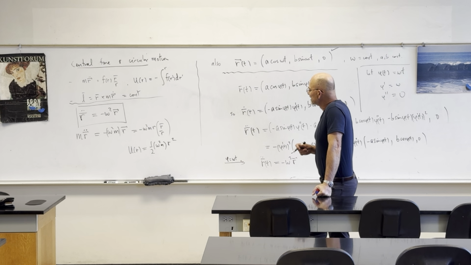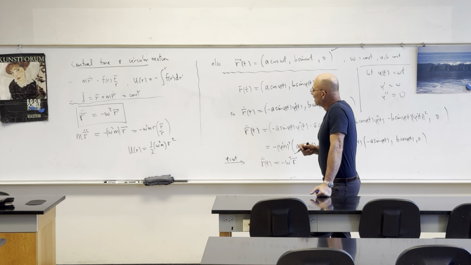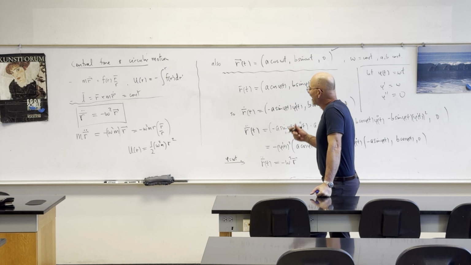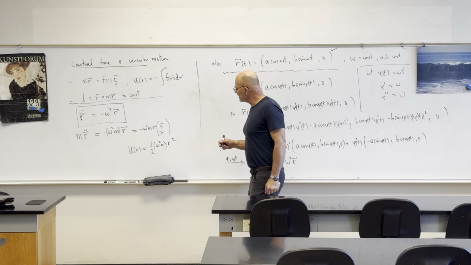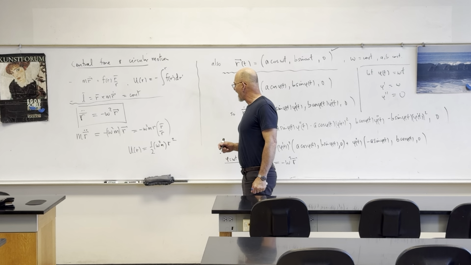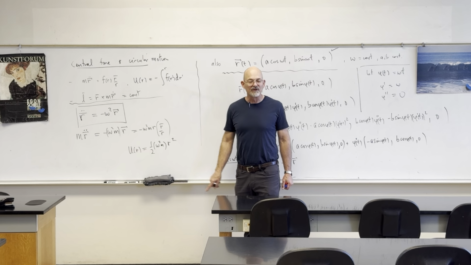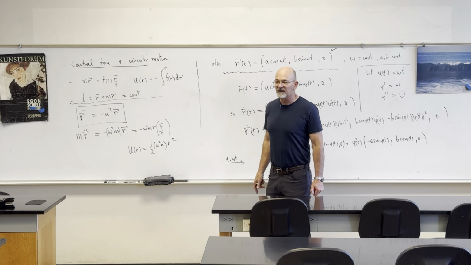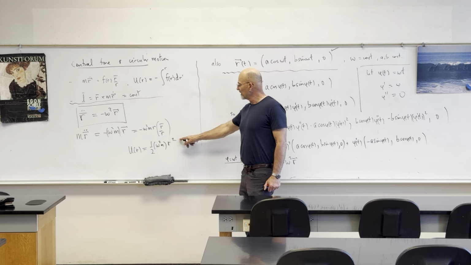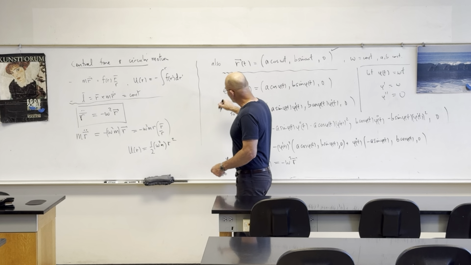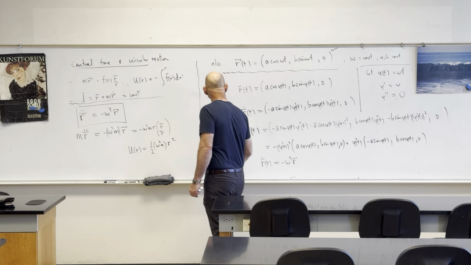Anything else to say about this one? In fact, I think I calculated the absolute angle for one of these in class, as I recall, and it was pi over 2. You guys remember that? Pi over 2. And now I can come back to that.